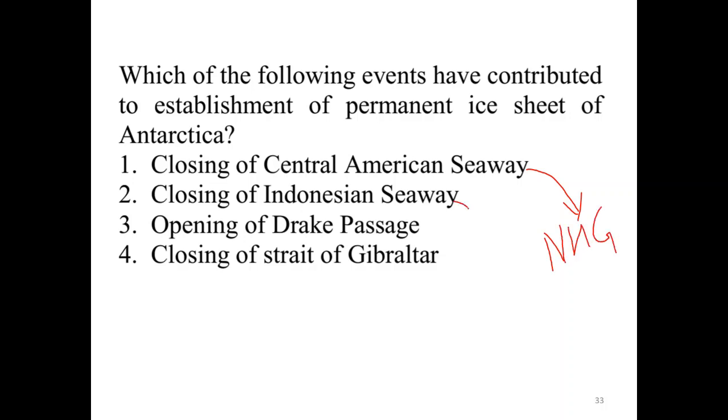Closing of Indonesian Seaway led to the stop of Indonesian throughflow. Strait of Gibraltar has nothing to do with Antarctica; rather it led to the Messinian salinity crisis, while the opening of Drake Passage caused the formation of the ice sheet of Antarctica.